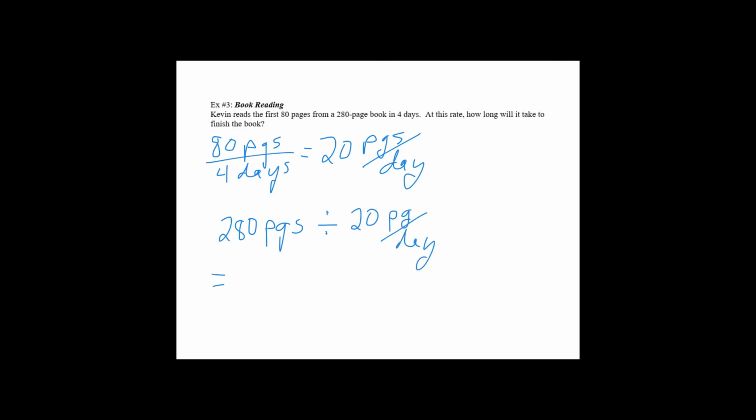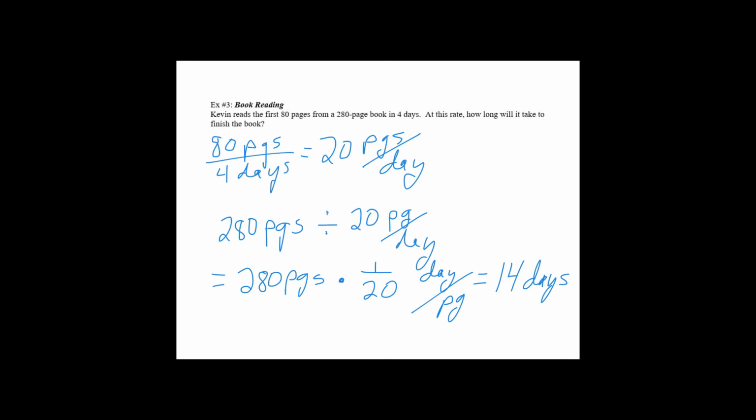This is going to equal my 280 pages times 1/20th day per page. And you might want to think about what 1/20th day per page would mean. And if I divide, I get an answer of 14 days.